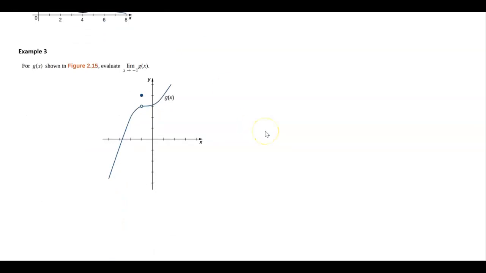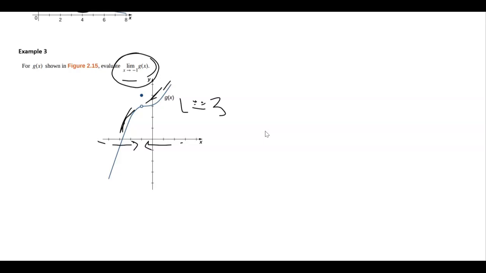All right, if I just have a graph like this one and I don't give you a function and I want to know the limit, all you can do is estimate from the graph. So as I approach x equals -1, what does my graph do? My y values look like they are getting really, really close to L equals 3.